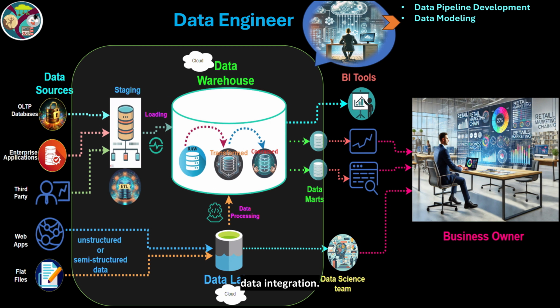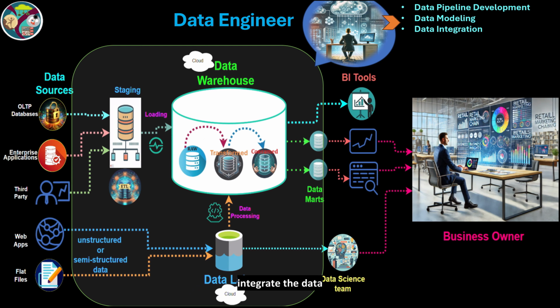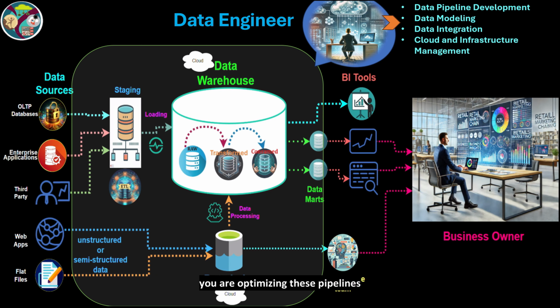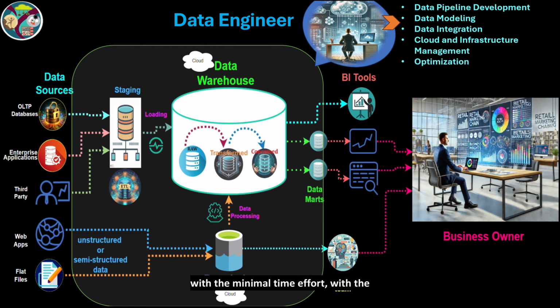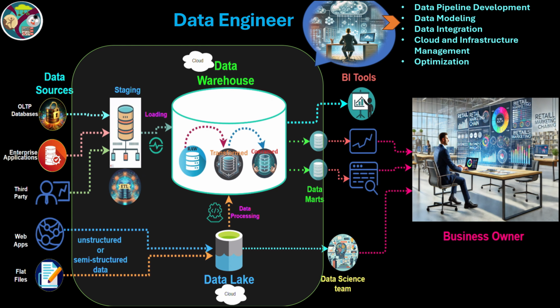Then data integration: you are collecting all the data across all the stores, customer feedback, sales, and then you are going to integrate the data and store it in the cloud space, right? Then you are optimizing these pipelines for better performance, with minimal time and minimal investment. You should process this entire raw data and make it available for decision making from the business standpoint, right? So the data engineer is typically going to take care of all these aspects.